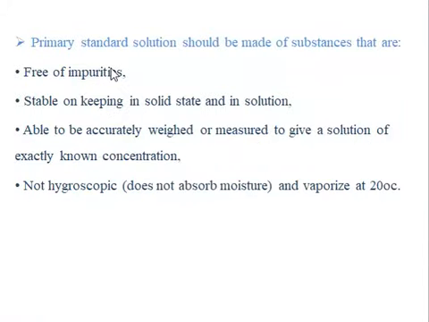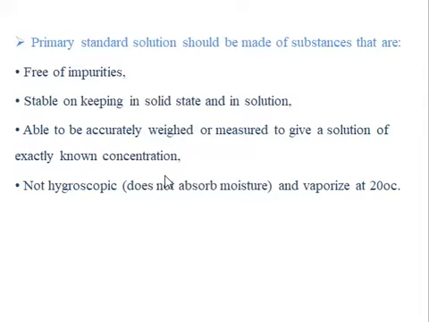As the primary standard should have the highest purity and should be made of an analytical grade substance, a primary standard solution should be made of a substance that is free of impurities, highly pure and stable in composition. So this substance should be not hygroscopic, not absorb moisture, and not vaporize at room temperature.